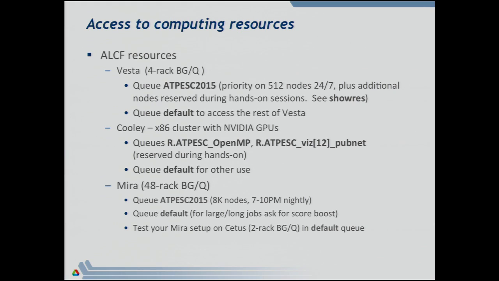But Mira shares its file system with another small Blue Gene, Cetus, that's 2 racks, as well as Cooley, the x86 cluster. So Vesta is on one file system, and Mira, Cetus, and Cooley are on the other.